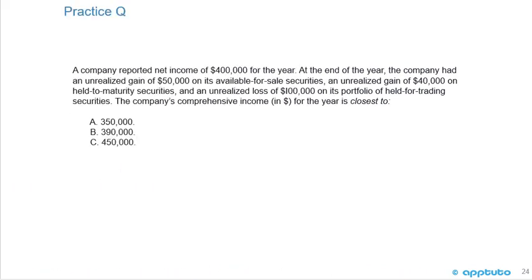Another practice question. A company reported net income of $400,000 for the year. At the end of the year, the company had an unrealized gain of $50,000 on its available for sale securities, an unrealized gain of $40,000 on held to maturity securities, and an unrealized loss of $100,000 on its portfolio of held for trading securities.